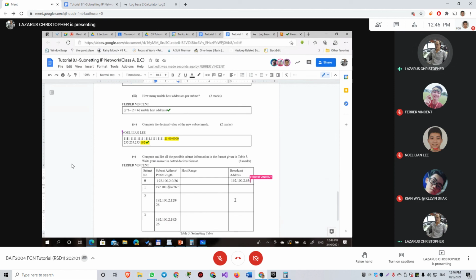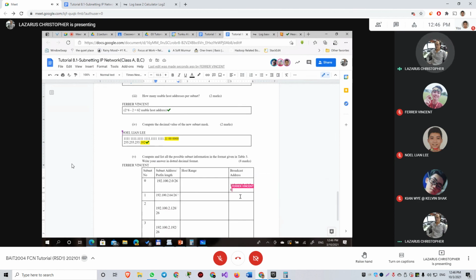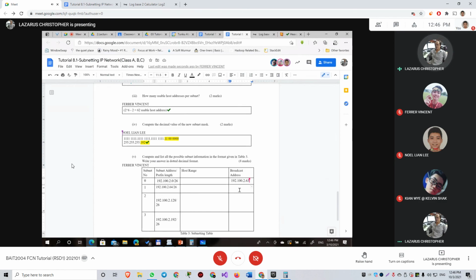Now the next broadcast address: the broadcast address does not have the prefix, so don't write the prefix for broadcast. Just leave it like that. The next broadcast address is the same. Since you have the subnet address, you just do it, and then the next.